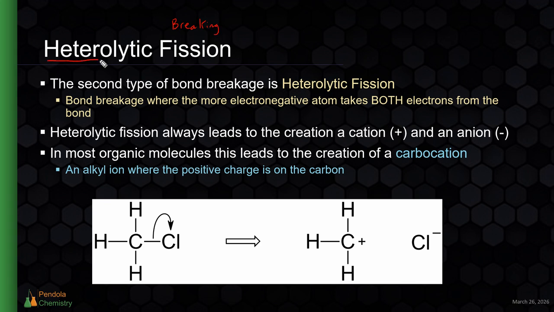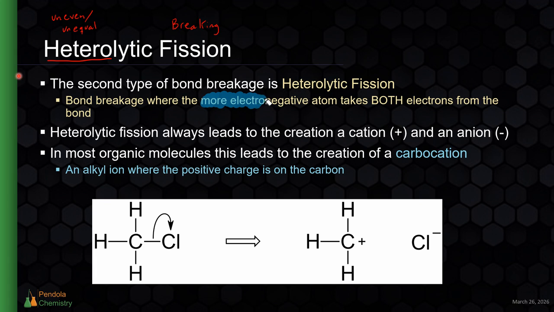The prefix hetero means uneven or unequal. Meaning heterolytic fission is an unequal or uneven breaking. When heterolytic fission happens, when the bond breaks, the more electronegative element, and this is very important because if you ever wonder why we needed to know what electronegativity is and all that stuff, here's why.